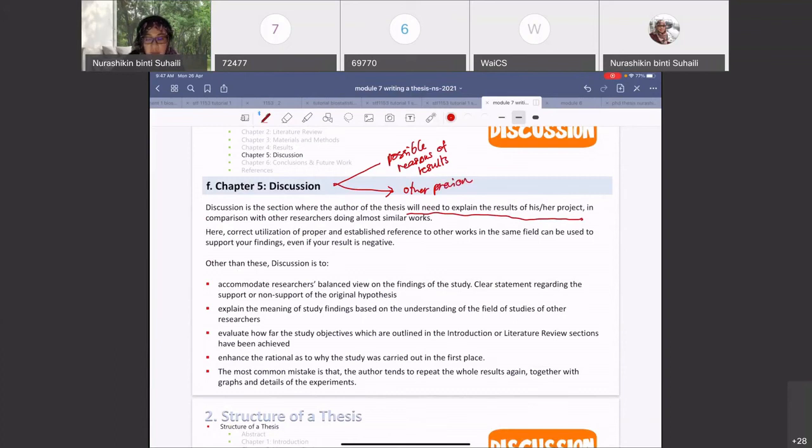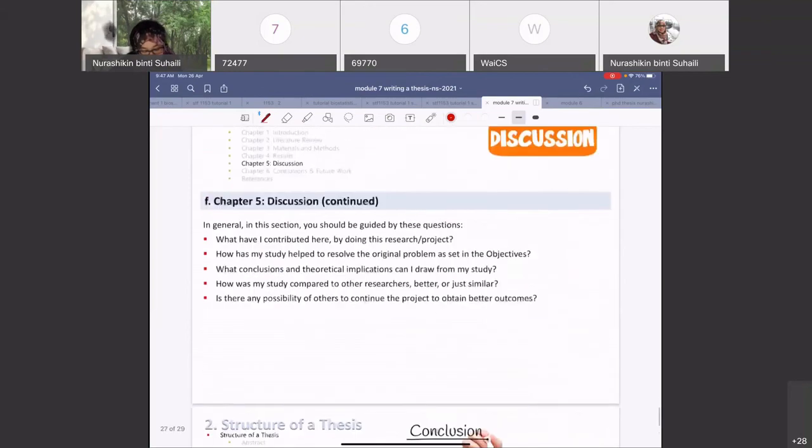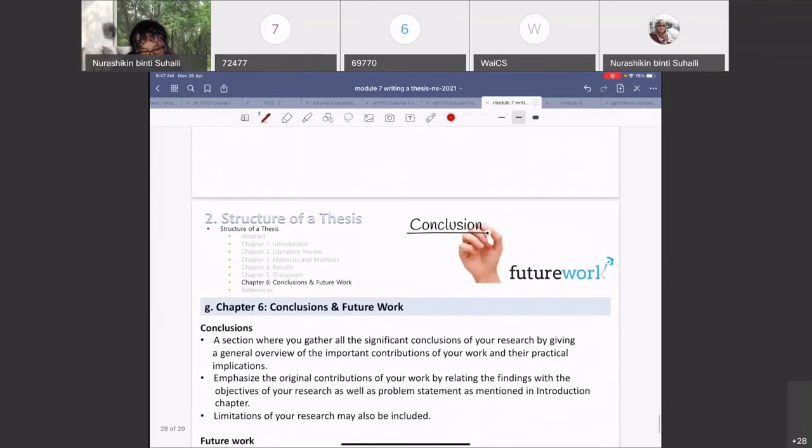So maybe you got laccase production using your strain, you got a certain amount of production, but how about other works? So that is how you discuss it. And you can say that the differences could be because of different media or different feedstock or different organism, something like that. Okay, that's discussion.